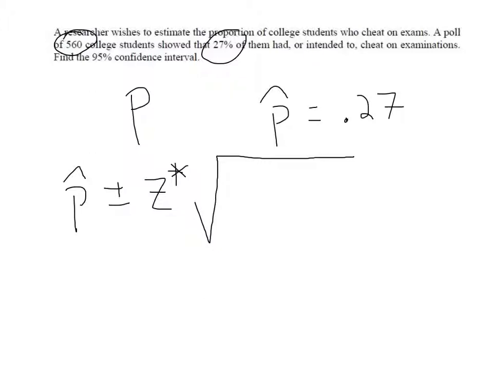Because we don't know the population parameter, that p, we're going to use p-hat as our estimate. And the standard deviation for proportions is calculated this way: you take your p-hat value, and you take that p-hat value away from 1, find the product of those, divide by the sample size, take the square root, and then multiply by that critical value of z.